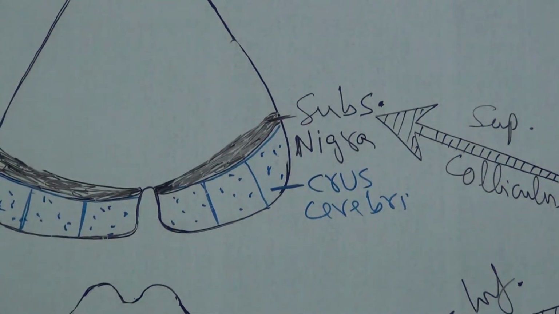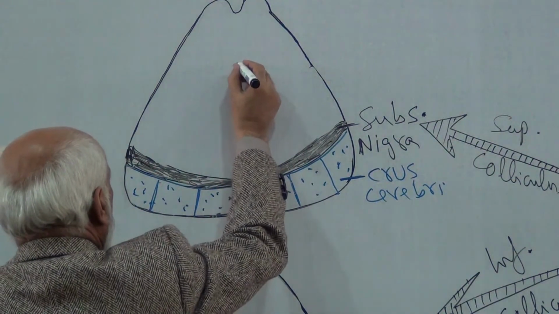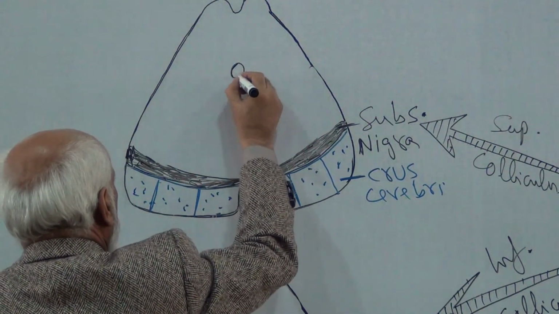Still behind is the tegmentum, which in the middle is traversed by the cerebral aqueduct.